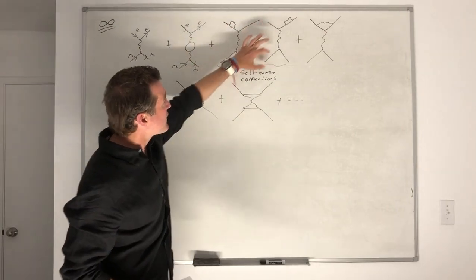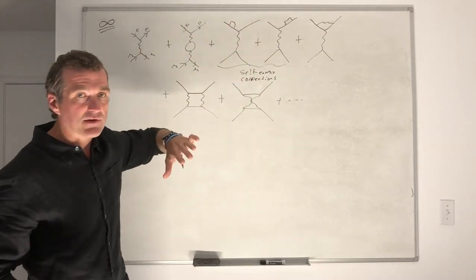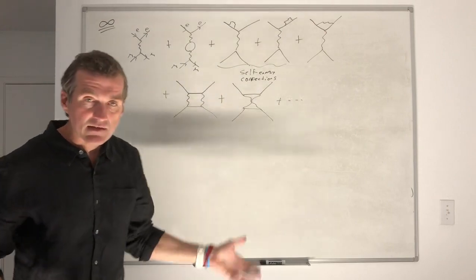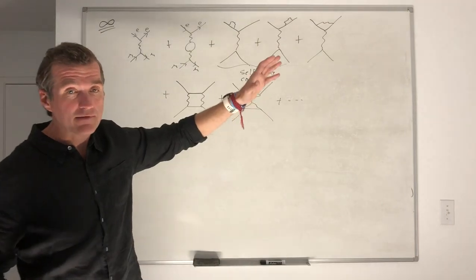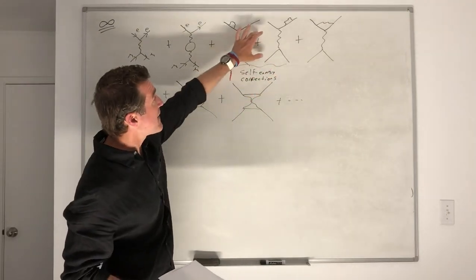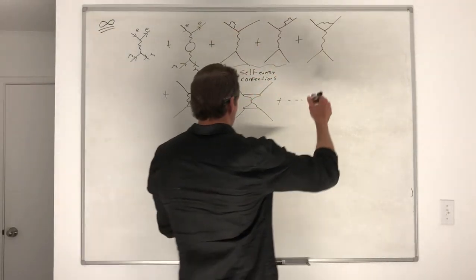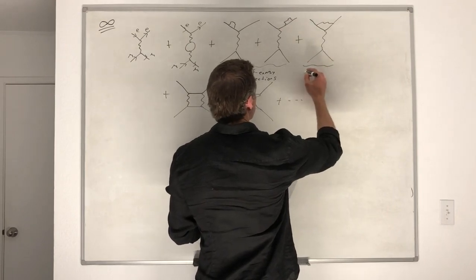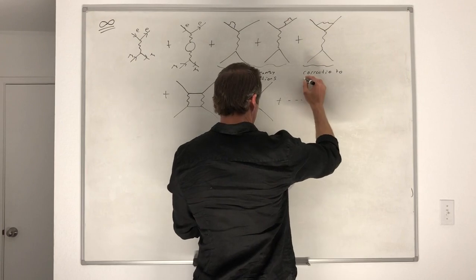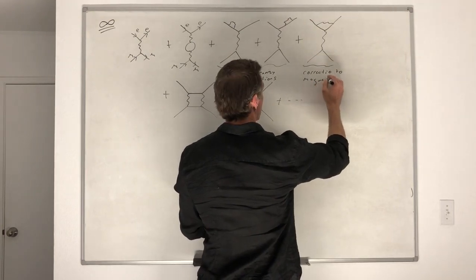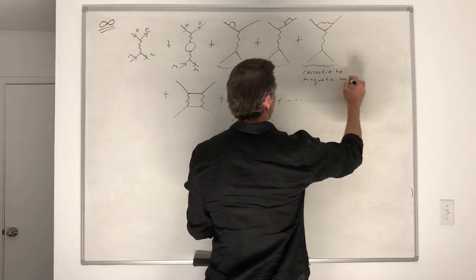So these give rise to self-energy corrections to the electron, which basically corresponds to shifts in its mass. So this is what gives rise to the momentum dependence of the mass of the electron. And this gives rise to a correction to the magnetic moment of the electron.